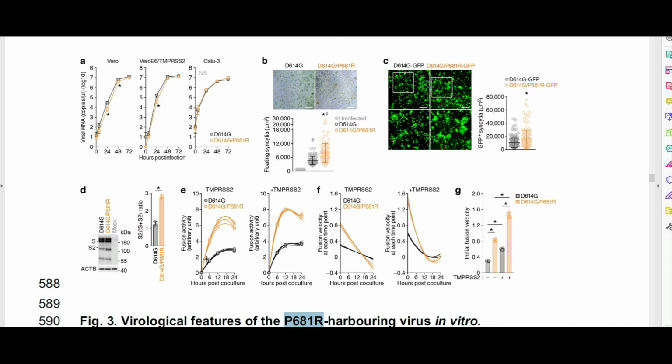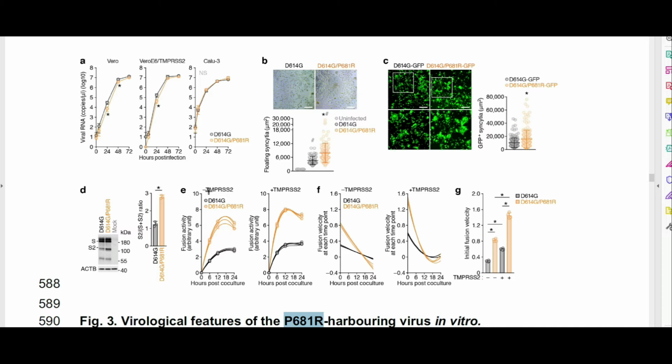And so kind of moving down here, what we see in E and F. So E is looking at how much of the virus is able to get into the cell in hours after the virus was added to the cells.